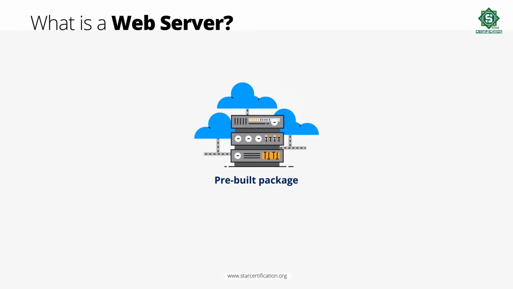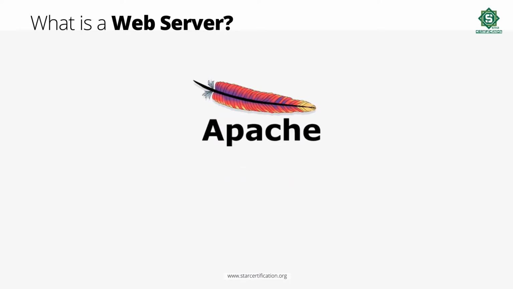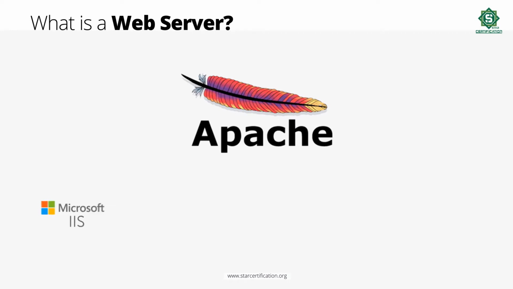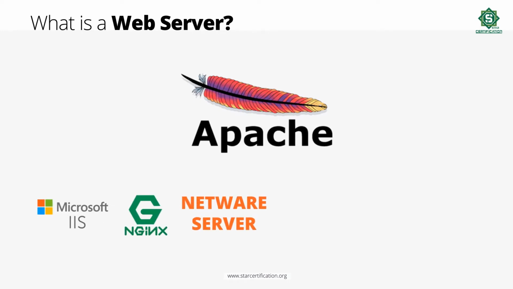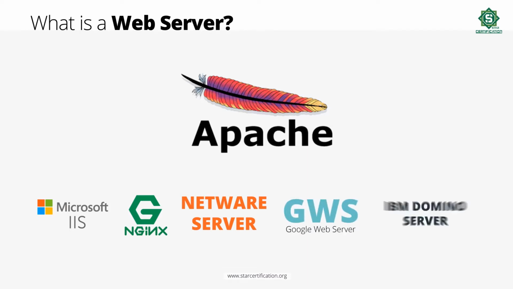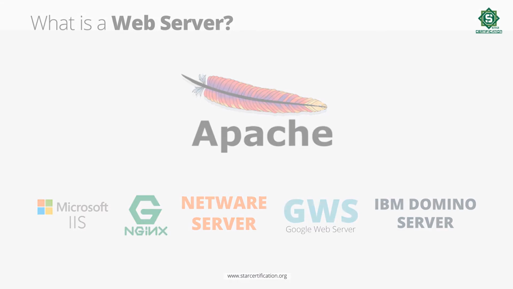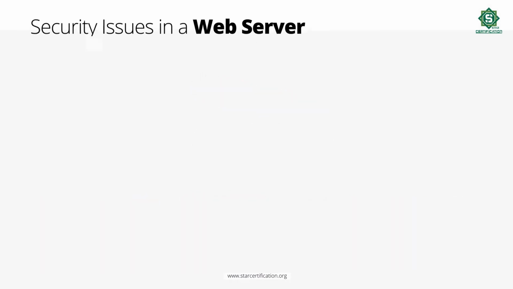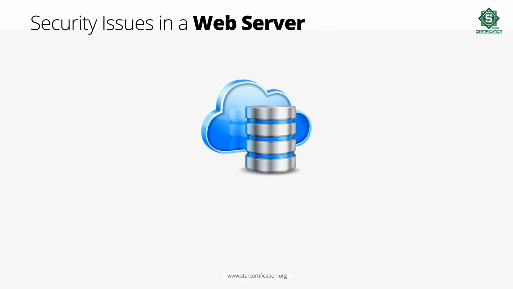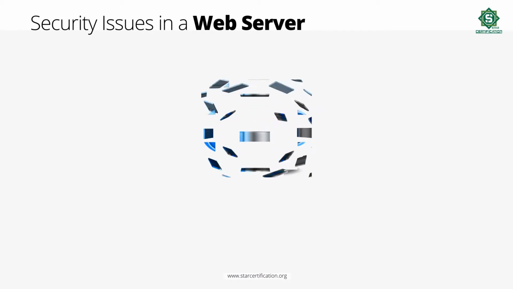One of the very well-known and widely used web servers is Apache. Others are Microsoft's IIS, Nginx, Novell's NetWare Server, Google's GWS, and Domino Server by IBM. Web servers are susceptible to attacks and security breaches.